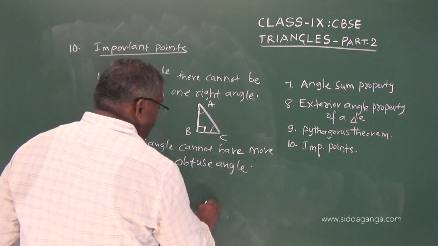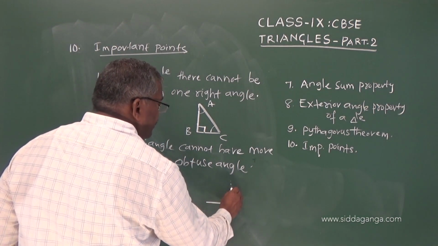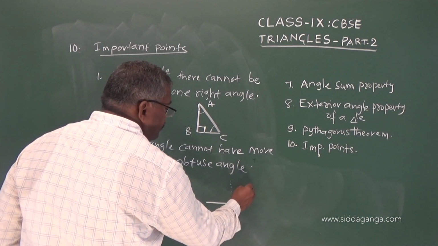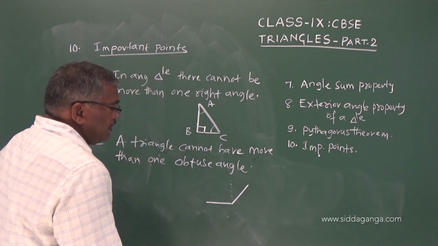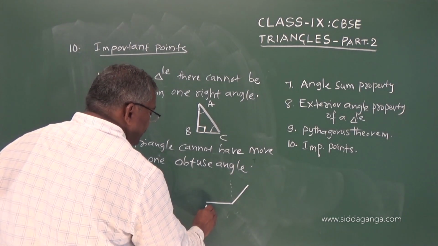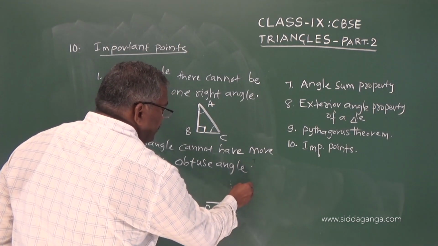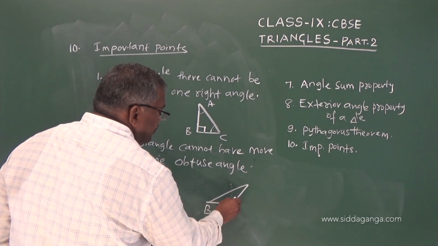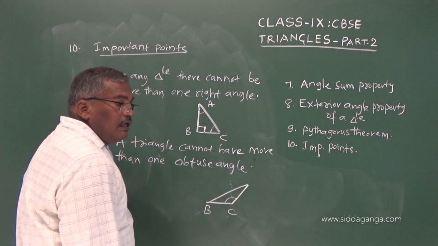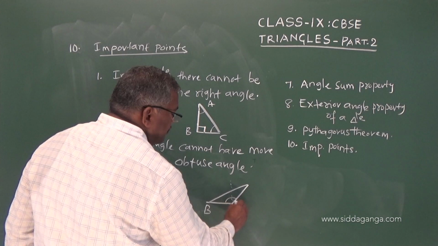Observe, an obtuse angle is one which is having more than 90 degree. Let us say this is an obtuse angle. I will call this point B. BC is the base, and I will join this. So, you can see this is one obtuse angle, say 130 degree.